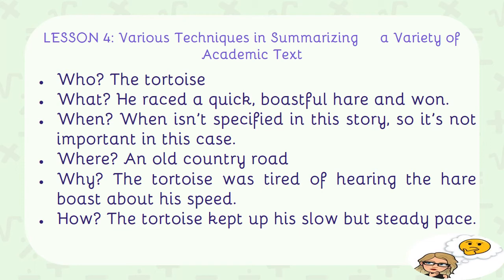He raced a quick, boastful hare and won. So, ano yung pinaka-naging action ni main character. Then, when isn't specified in this story, so it's not important in this case. So, yung time nitong fable na to, hindi daw binanggit dito, hindi siya naka-specify. So, meaning to say, hindi siya important.